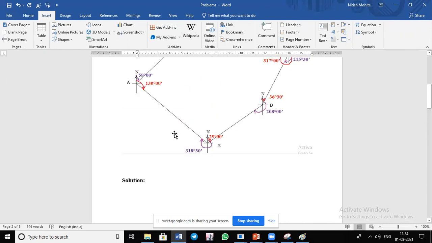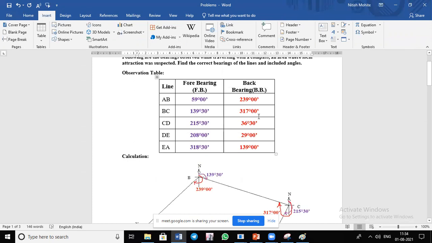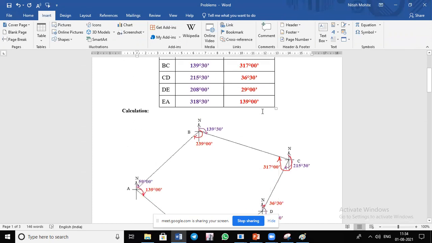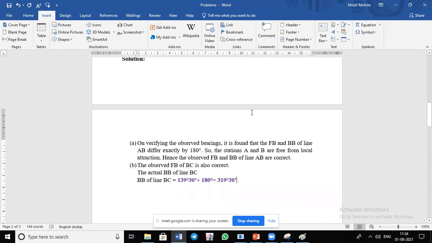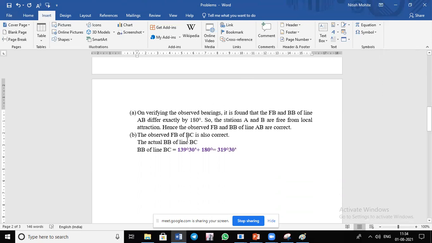But in the problem, the observed value was 317 degrees. The difference between them is nothing but the local attraction or correction. We'll write down the statement.